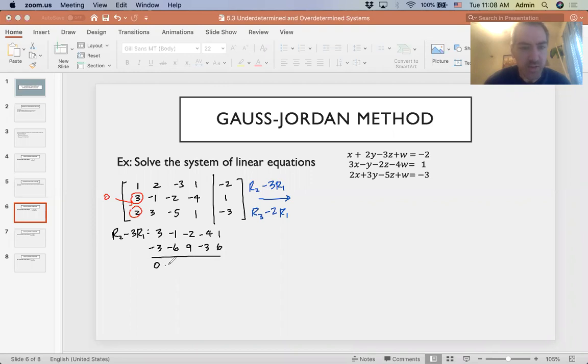That is 0, -7, 7, -7, 7. And row 3 minus 2 times row 1: -2 times row 1 is -2, -4, 6, -2, and 4. That gives us 0, -1, 1, -1, and 1.